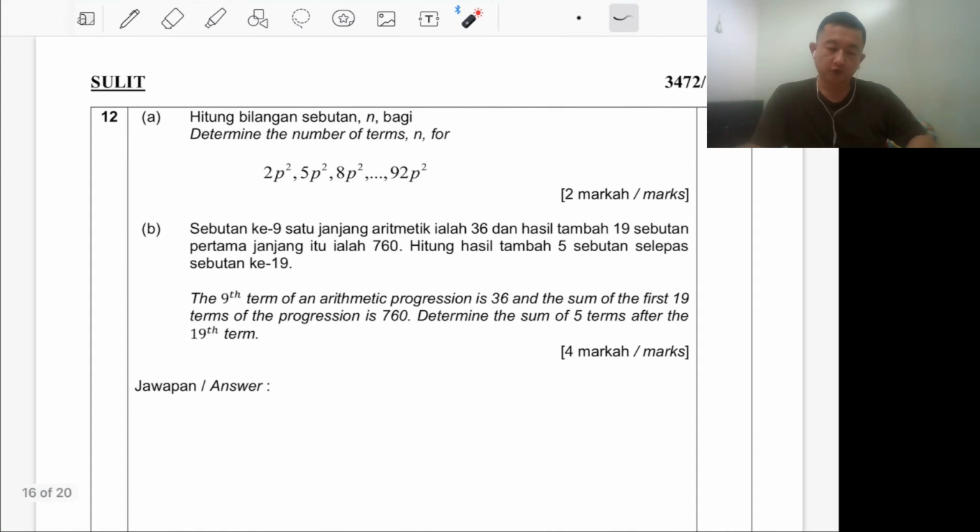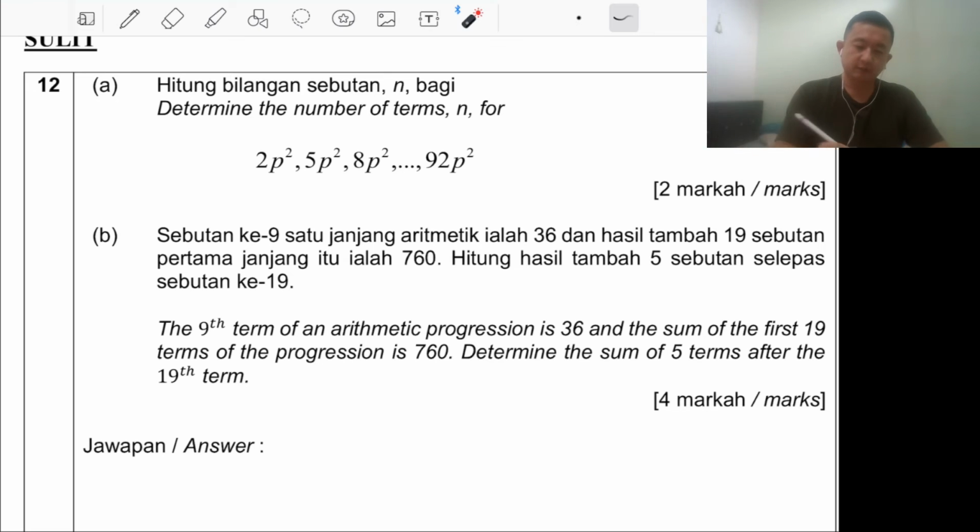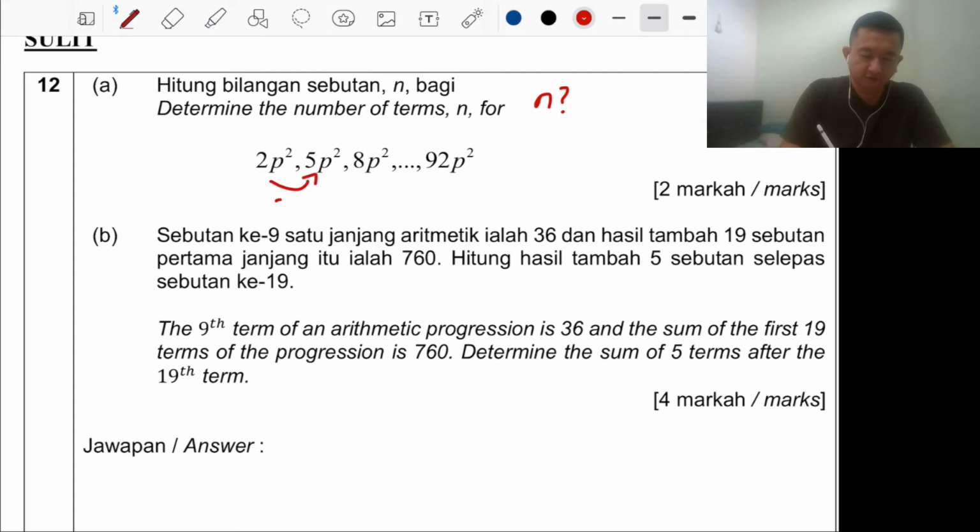Okay, question 12. Determine the number of terms for the following progressions. First, decide whether this is an AP or GP. Okay, this is an AP. The difference is 3p squared.